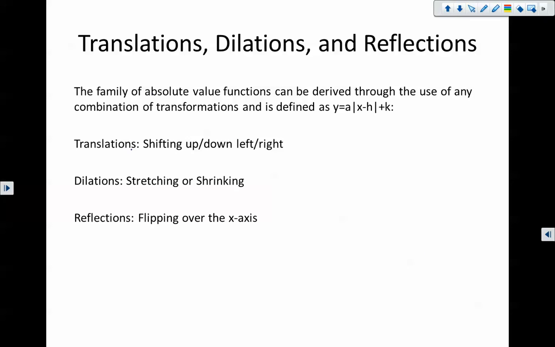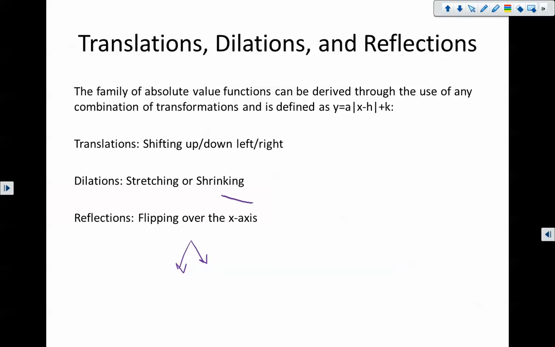We've got translations, which shift up, down, left, and right. I'm just moving it around, not changing the shape of it. I've got dilations, which are shrinking and stretching it. And then I've got reflections, which flip it over the x-axis. So a reflection is going to flip it upside down.